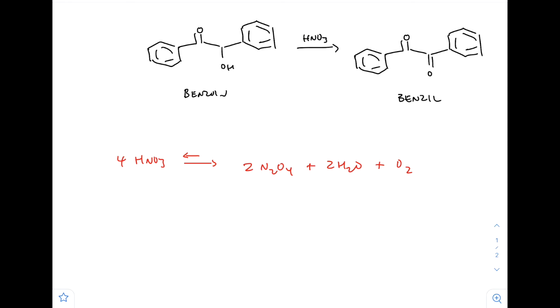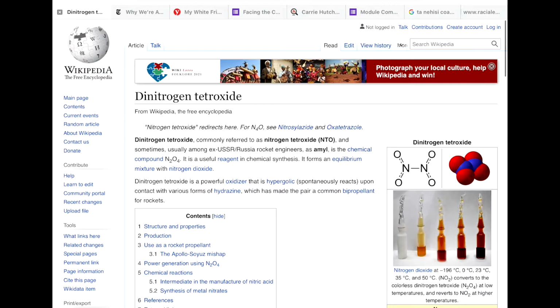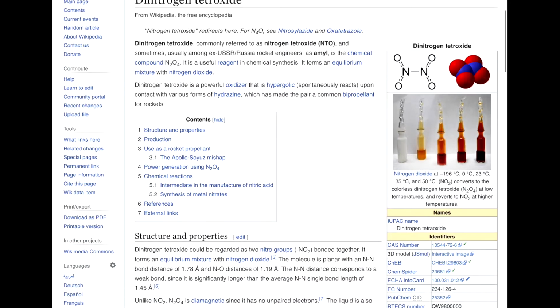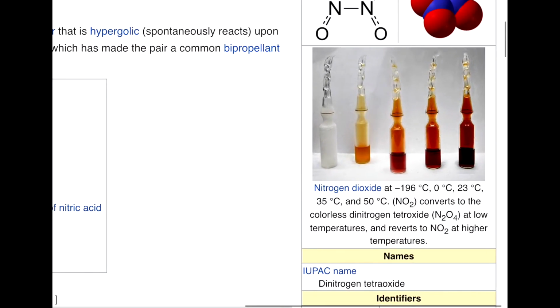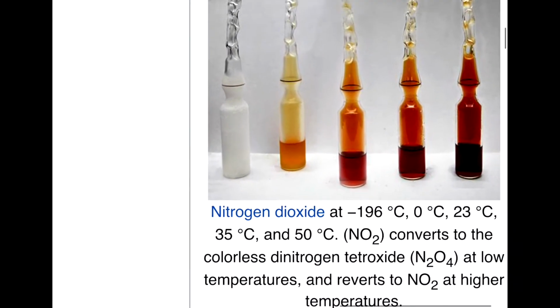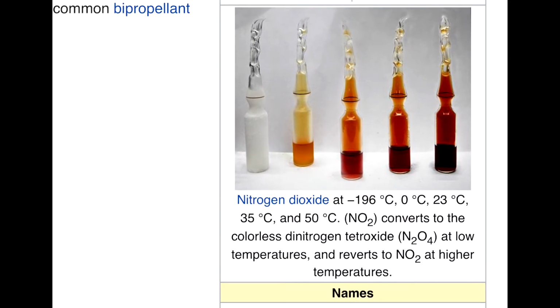And to take that a little bit further, I just want to show you this guy right here, N2O4, dinitrogen tetroxide. So dinitrogen tetroxide, as you can see, at different temperatures, we got minus 196 on the left, it's colorless, and then it changes color to a darker red as you increase the temperature up to 50 degrees.